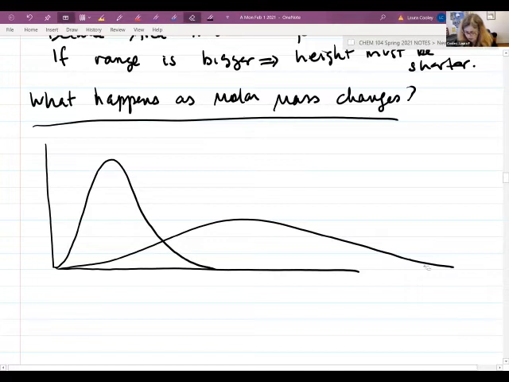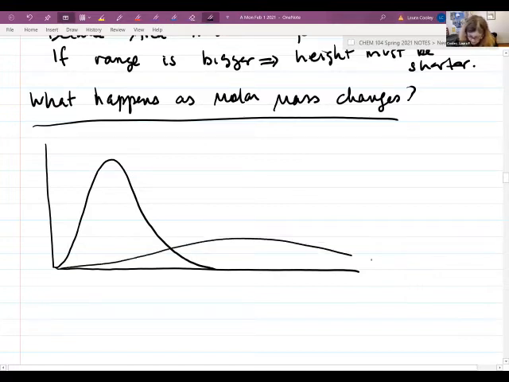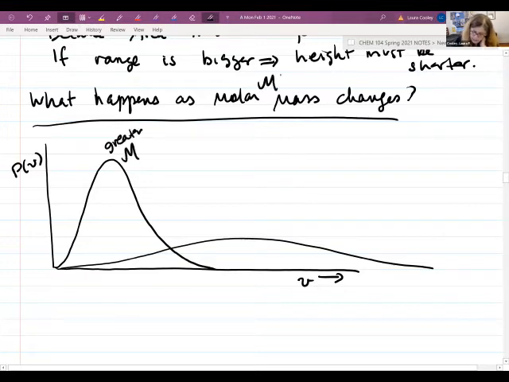I didn't do a very good job keeping the areas the same, but what I've drawn here is the same probability curves, but now this is for a greater molar mass, M, and this is a smaller molar mass.